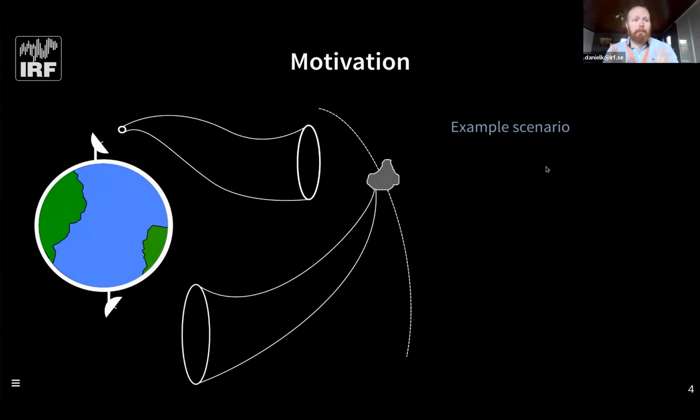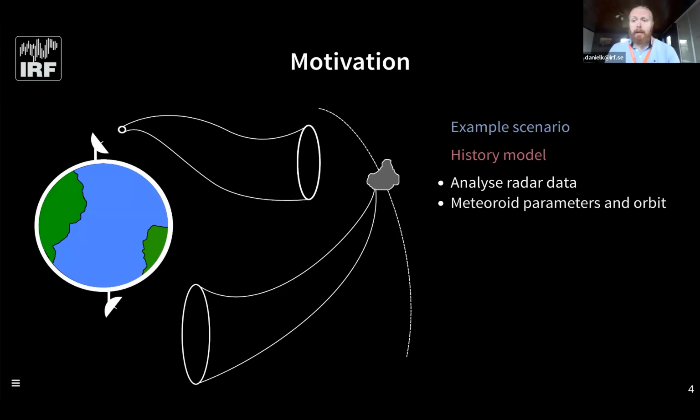Okay, so what is the motivation for why we wanted a new analysis algorithm? Basically, we had some scenarios in mind that we wanted to look up and do studies on. One example scenario was a history model. Let's say that we analyze some radar data, we see the meteor head echo, and we derive the meteoroid parameters in orbit.